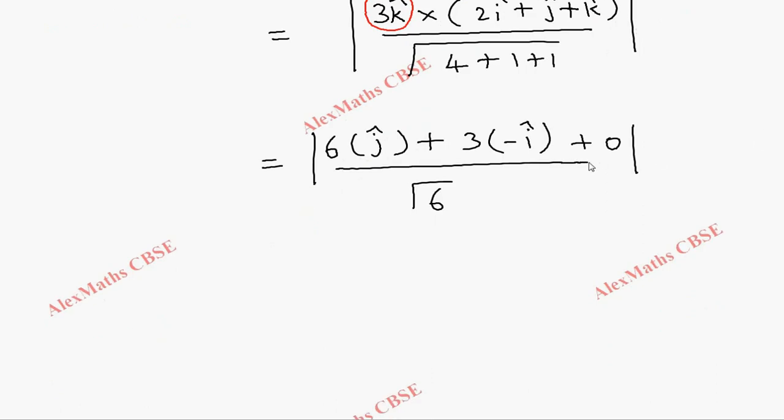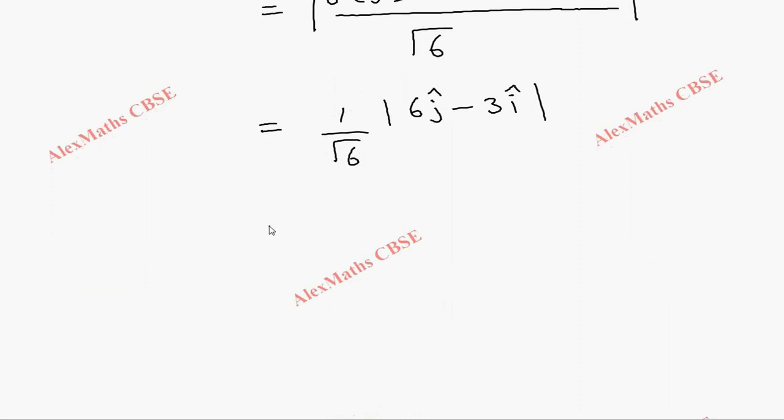Now we can take the denominator 1 by root 6 separately, and in the numerator we have to find the magnitude of 6j cap minus 3i cap. Let's rearrange this. We can also take 3 common, and when 3 is common, the i component is just minus i cap and plus 2j cap, and we have to find the magnitude for this.